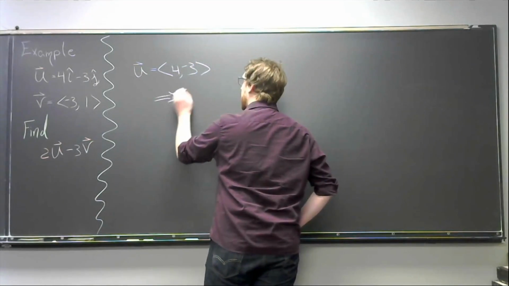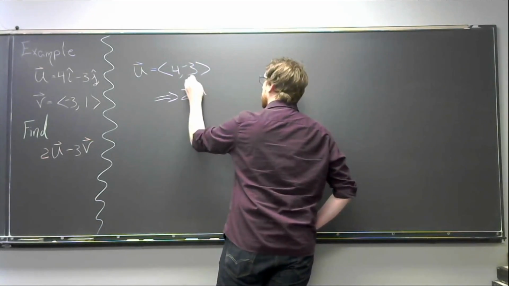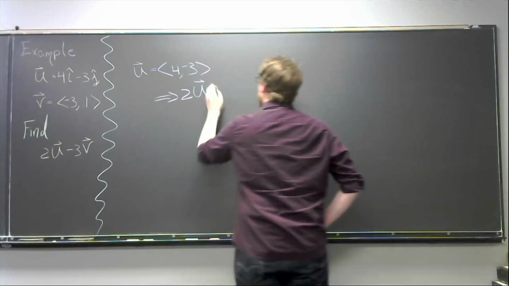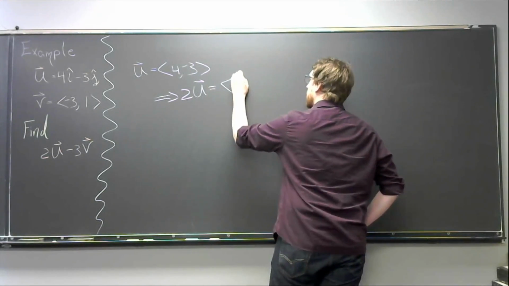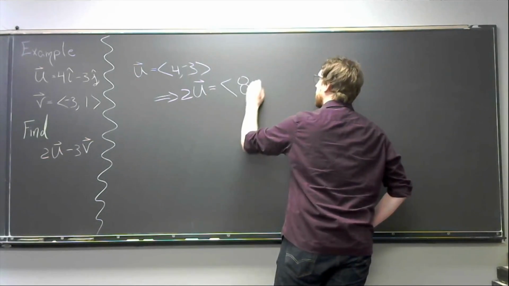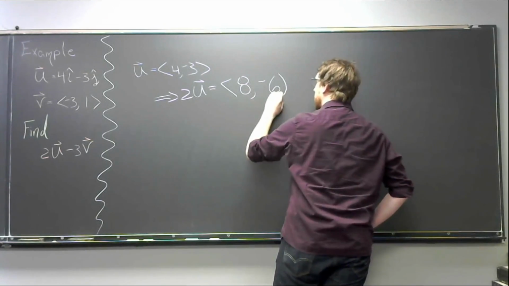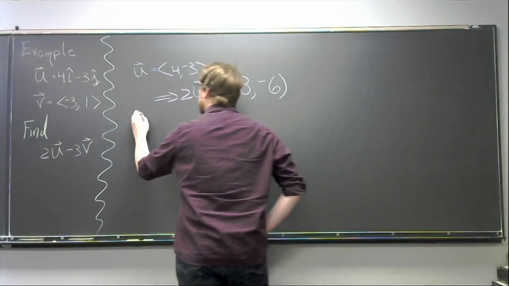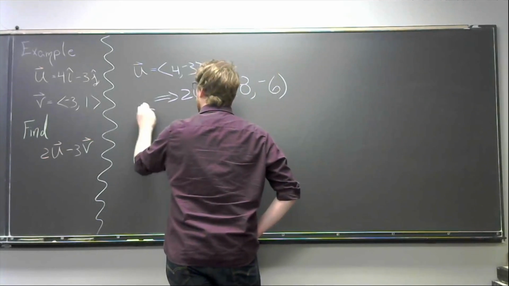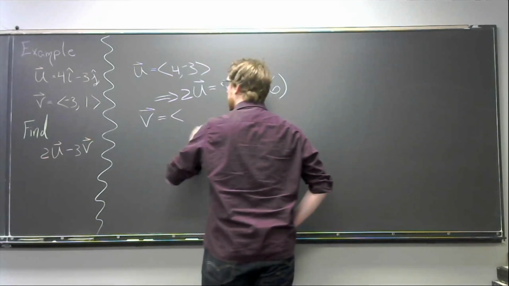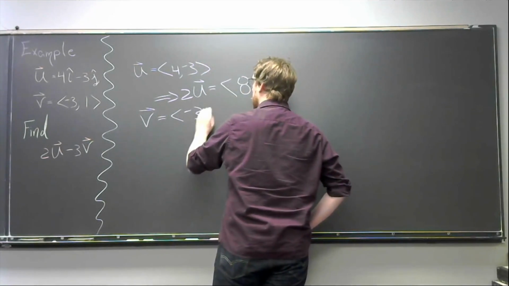This tells us that 2u is going to be equal to 8, -6, and v is equal to -3, 1.